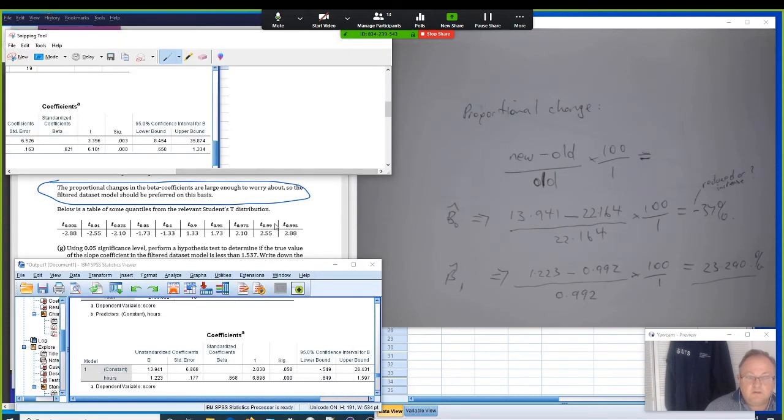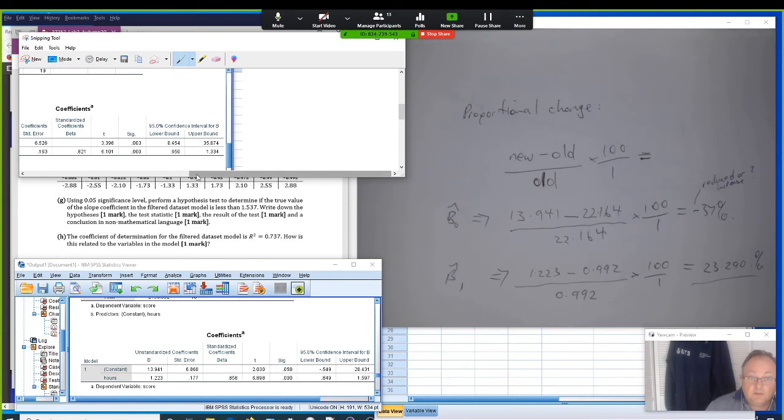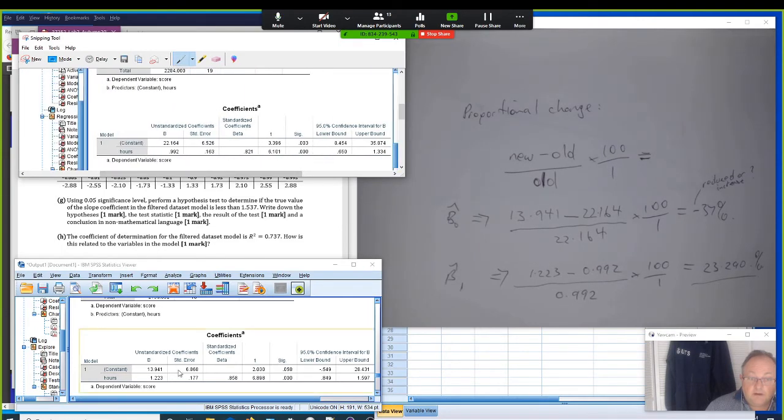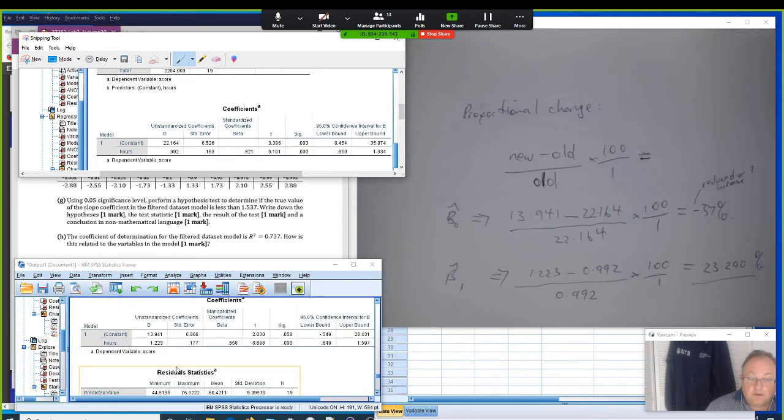Use the significance level to perform a hypothesis test, okay, to determine if the true value of the slope coefficient, so which one's that, beta 0 or beta 1? Yep, beta 1 in the filtered data set is less than 1.537, okay, less than 1.537, and well, where's our 1.537?